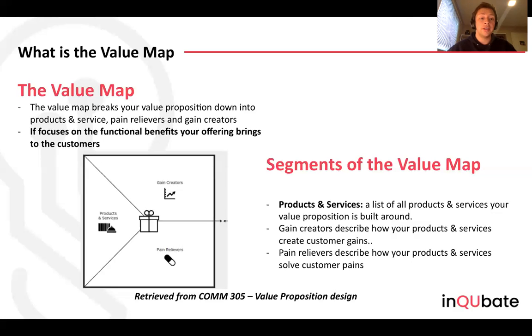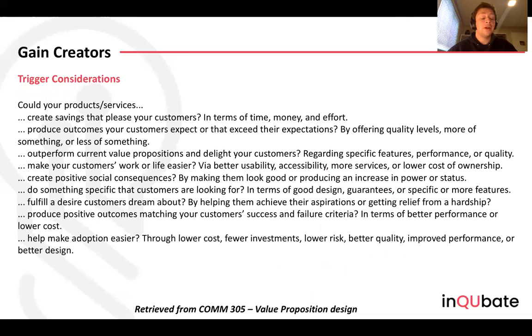They had an employee wellness dashboard that they sold B2B, and a coronavirus return to work application, a communication database and a screening for all employees wanting to return back to work. They had three of these products and services, and they each had their own gain creators and pain relievers for the identified customers. So when you're figuring out this value map, you also have to consider some trigger considerations.